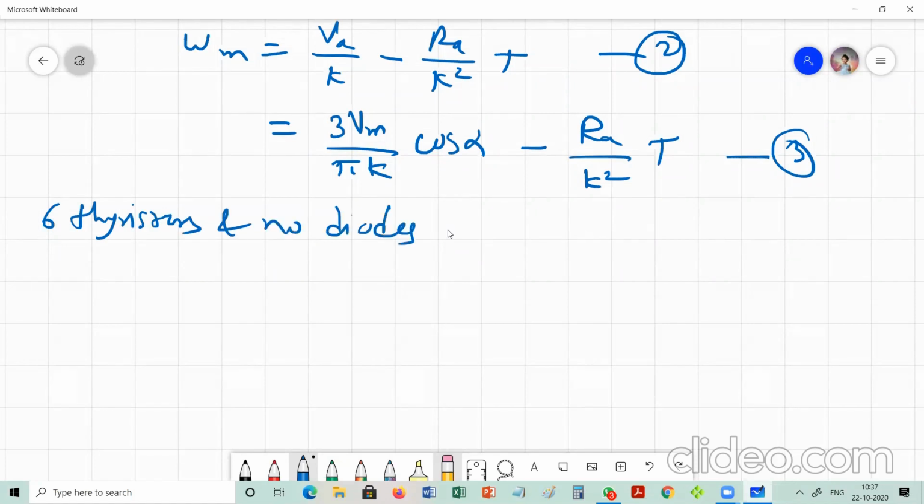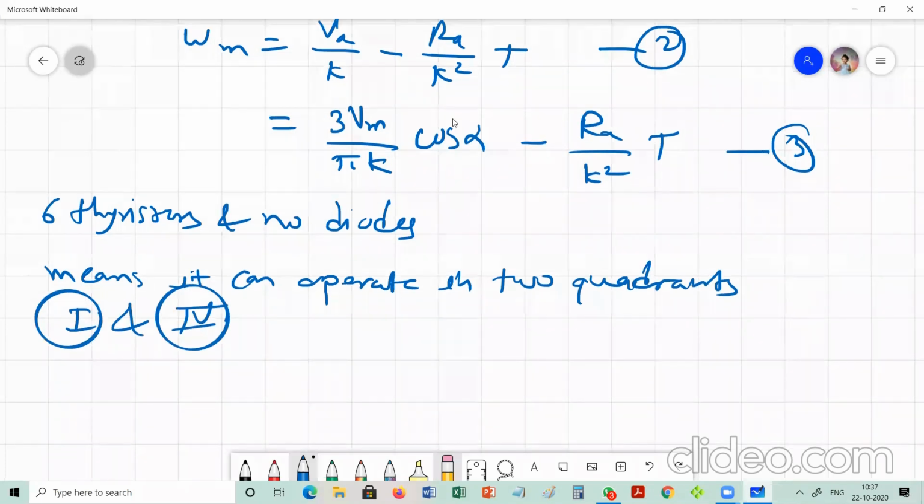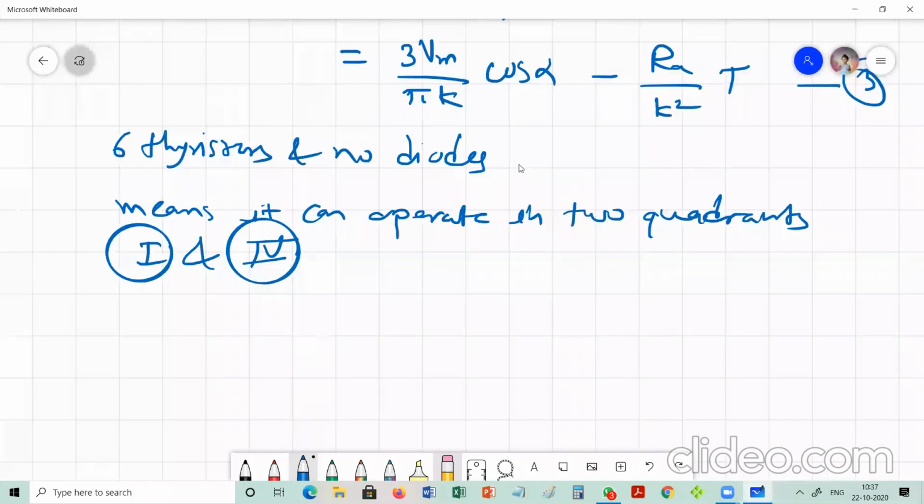No diodes means it can operate in 2 quadrants, first and fourth, because voltage can be made positive or negative, but current cannot.